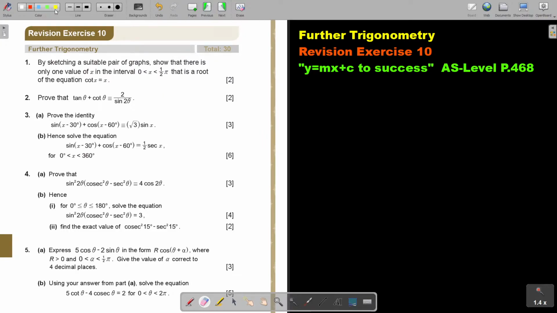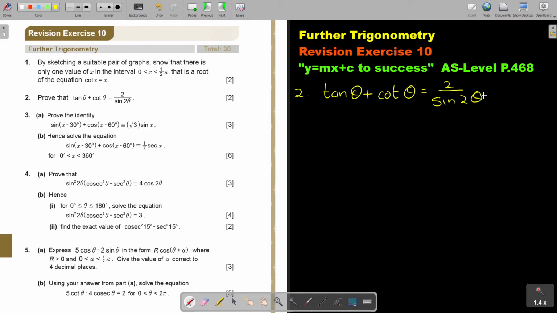Let's start with number 2. Prove that tan theta plus cot theta is equal to 2 over sin 2 theta. Now there I see my double angle theta. You can make use of your formula sheet, but you can also make use of the summary. I will show it to you in the summary also on the next page.